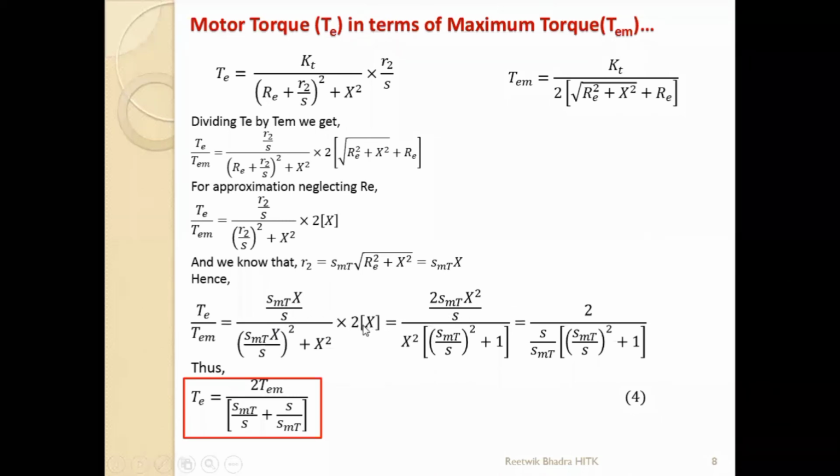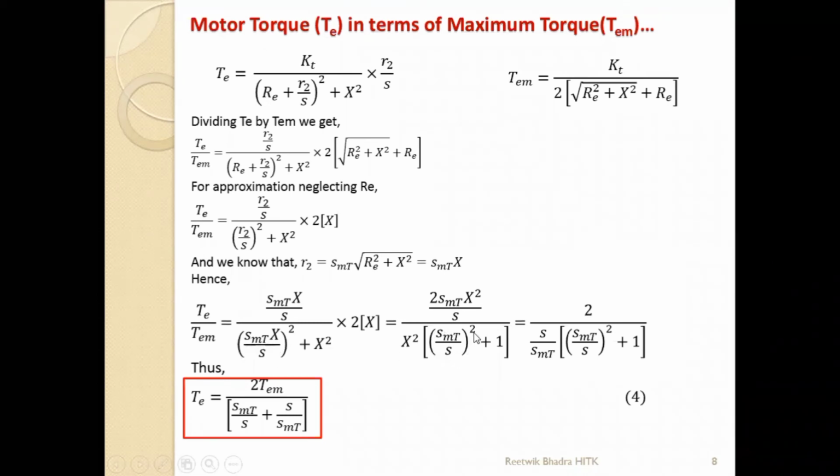Just do the multiplication. So this is in the numerator, 2x into x gives you 2x square, SmT by s. Take x square common over here. We have to make some simplification and bring in this term. So x square is taken common over here. If you take x square common, there is an x square term over here, so only which is left, SmT by s whole square.